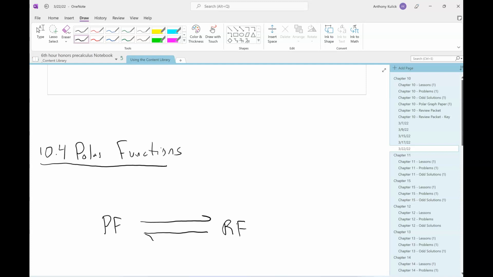Here's the good news. The tools we're going to use to do that conversion are the same tools we're going to use to do the coordinate changes. So there's nothing new there.